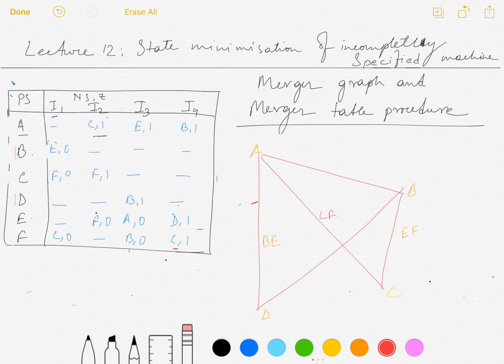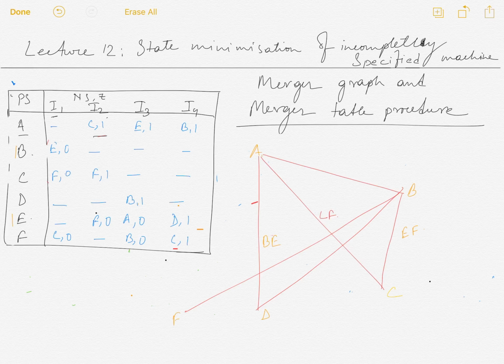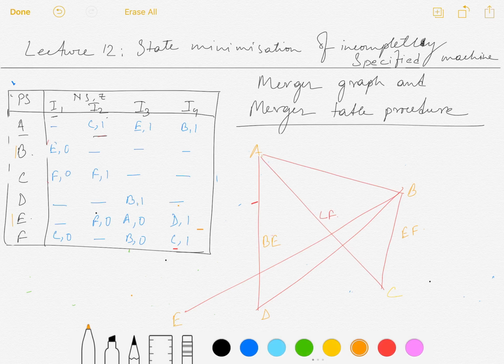Now, for BE, I1, I2, I3 and I4 outputs are same. So, BE is compatible and it does not have any implied pair.